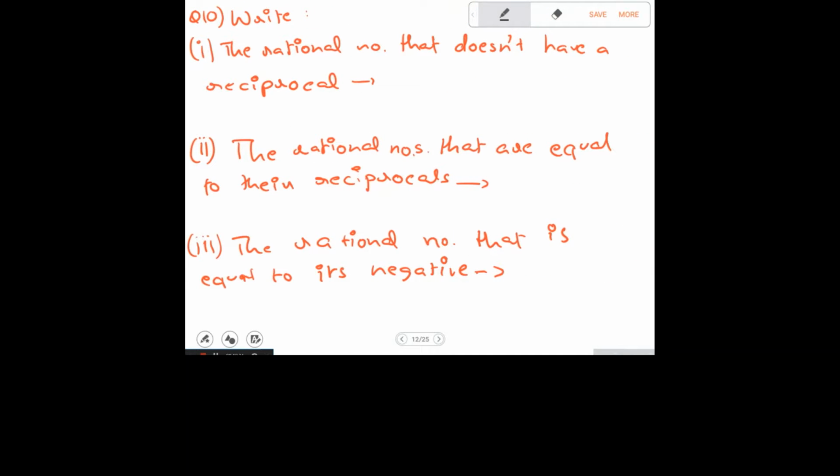Now for question 10, we have to write the rational number that doesn't have a reciprocal. It's 0. The rational numbers that are equal to their reciprocals: one's reciprocal is 1 by 1, which is equal to 1, and minus 1's reciprocal is minus 1 by 1, which equals minus 1.